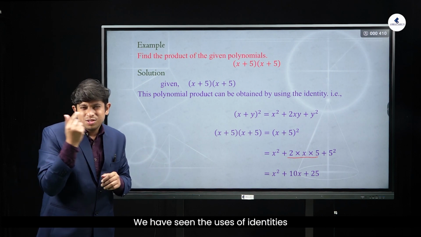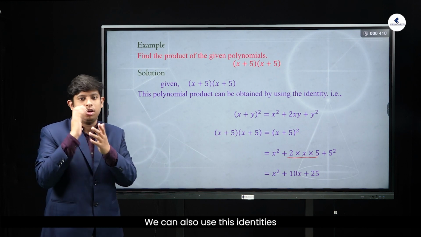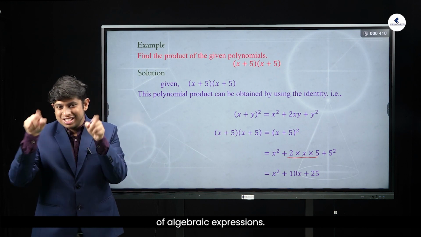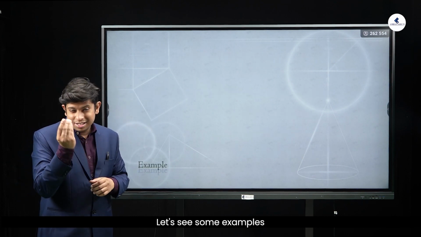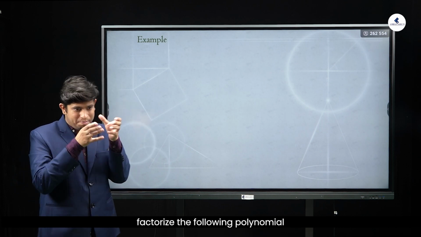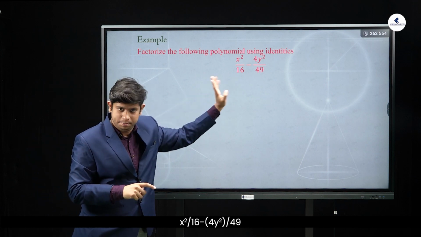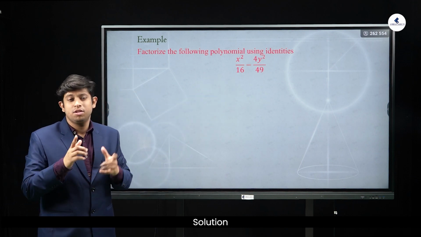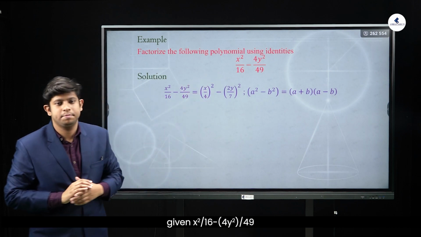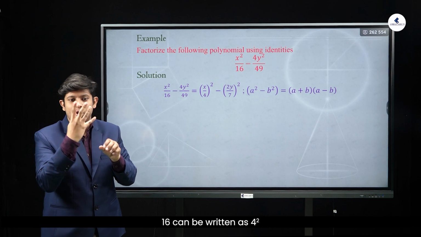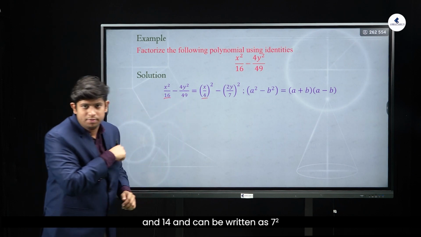We have seen the uses of identities in finding the product of some given expressions. We can also use these identities in factorization of algebraic expressions. Let us see some examples. Factorize the following polynomial using identities: x square by 16 minus 4y square by 49. Solution. Given x square by 16 minus 4y square by 49. In the equation, 16 can be written as 4 square and 49 can be written as 7 square.